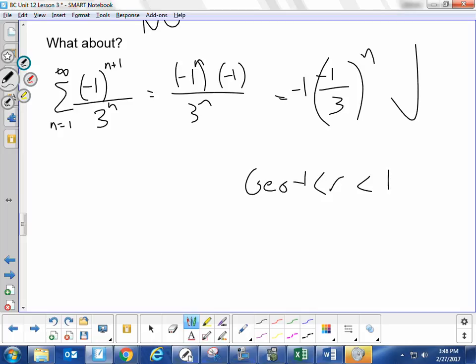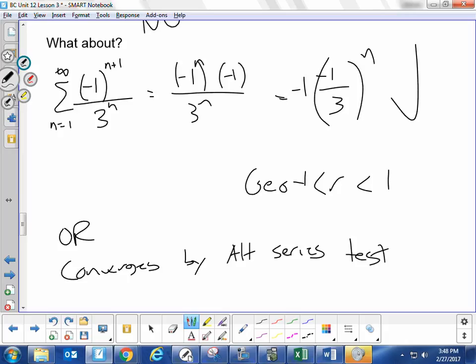Okay? But now you could say this series converges by the alternating series test. All right? So we have two possible ways to show that that converges.